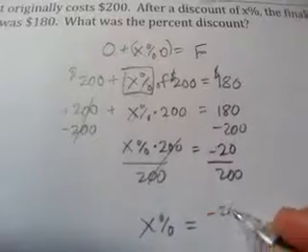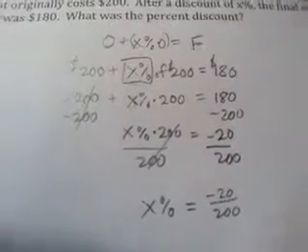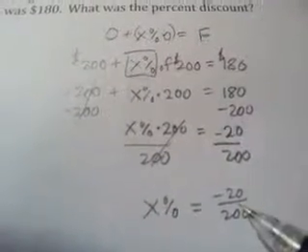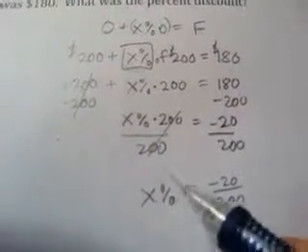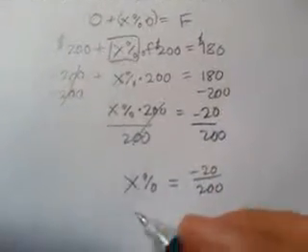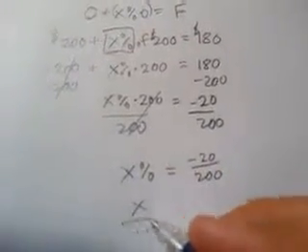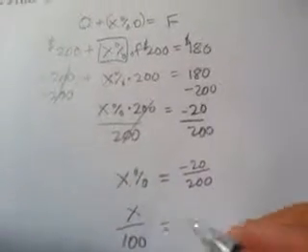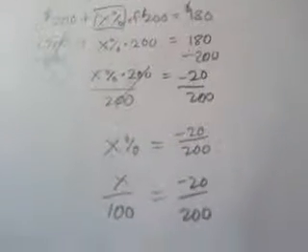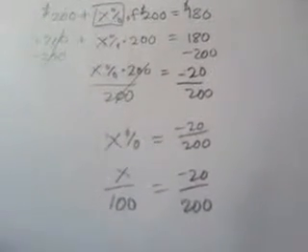And so I have negative 20 over 200. I could reduce this and all that, that's fine, but now that I have this alone, what does percent mean again? It means x, whatever that number is, divided by 100. So now I just have a really basic proportions problem.